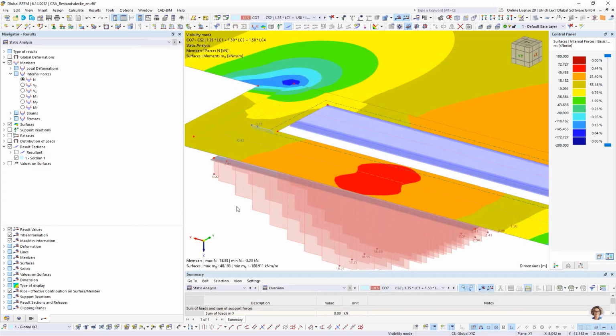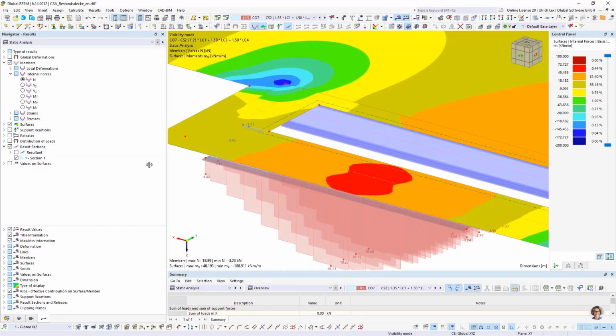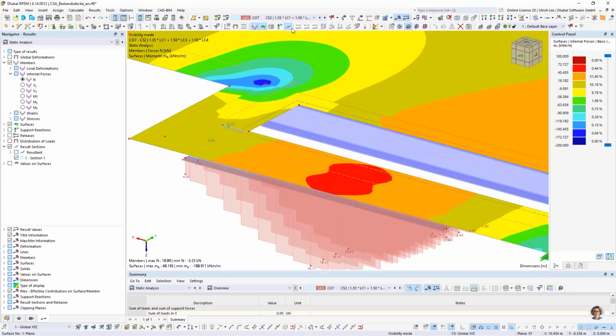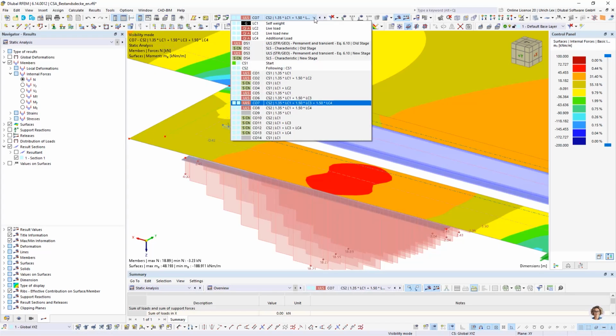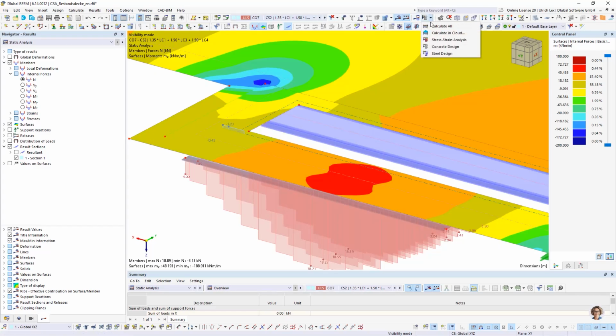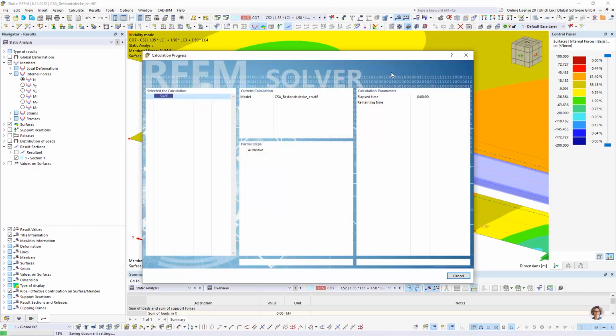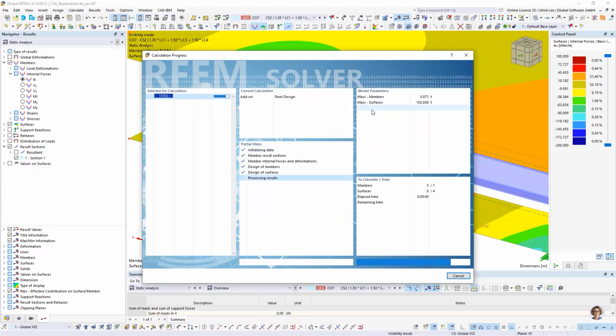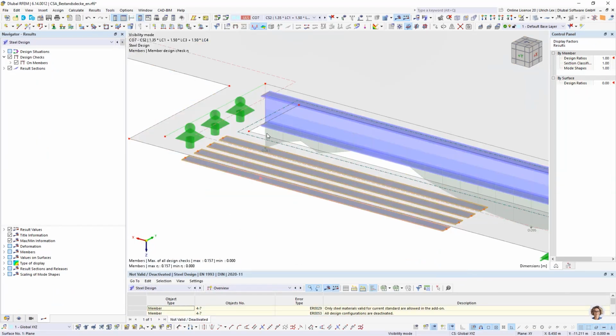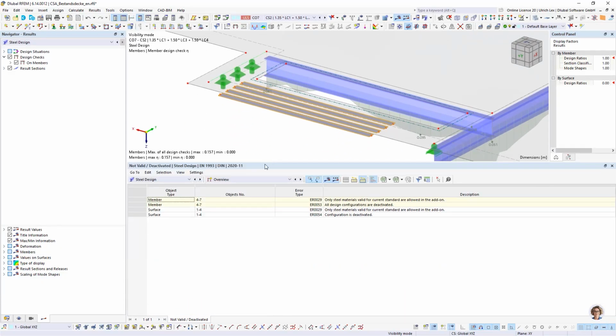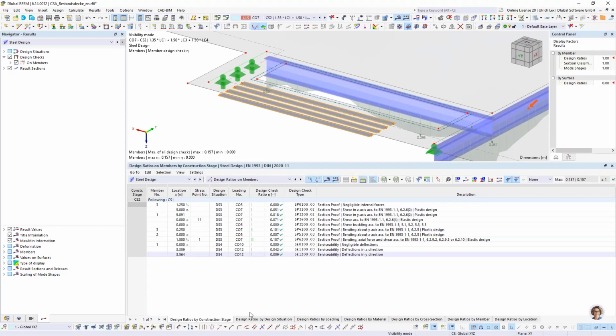Okay, the results itself for the construction stage. I want to take a look, maybe we want to run the steel design. Here you also get the different results when you do a design. You get the results for the different stages. In this case, stage 2.